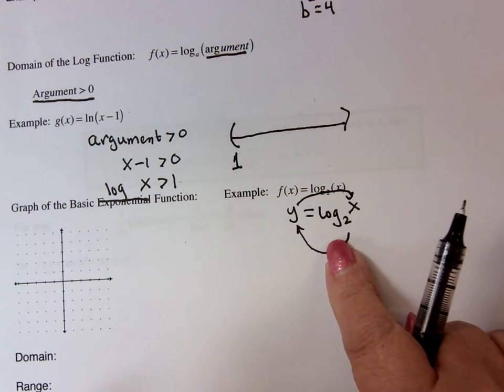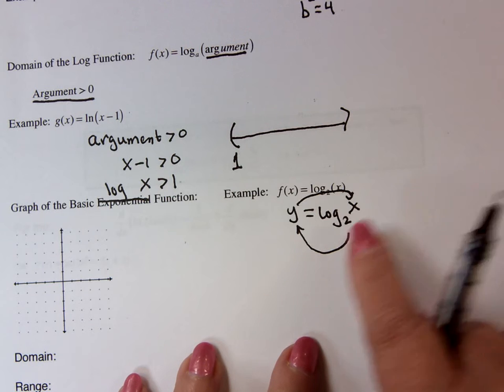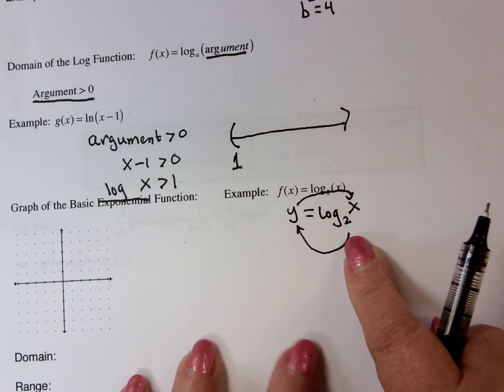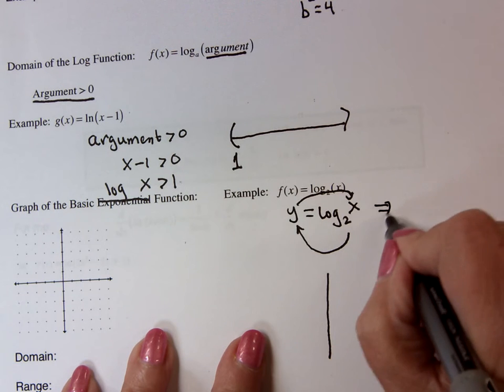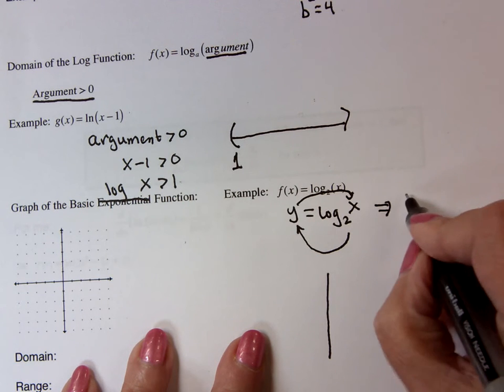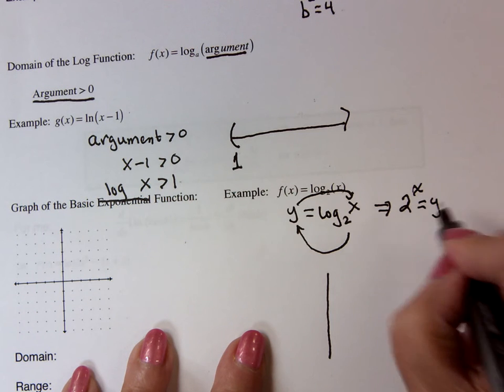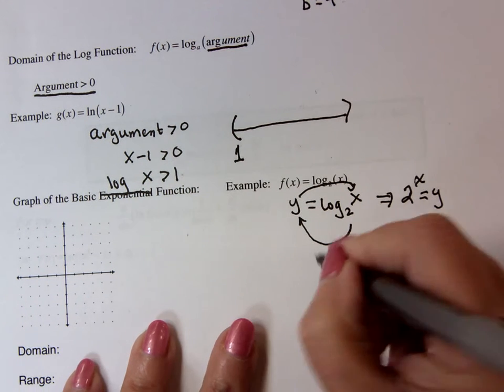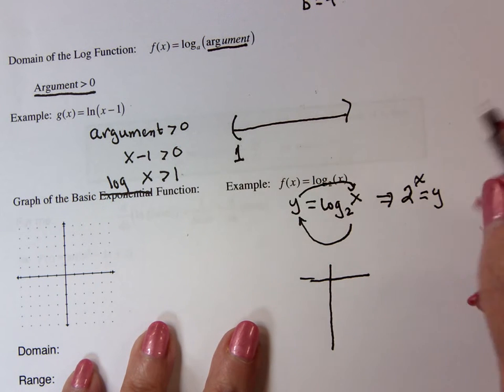I don't have log base 2 on my calculator. Well, most of us don't have log base 2 on our calculators, depending upon the calculator. So 2 to the y is equal to x.